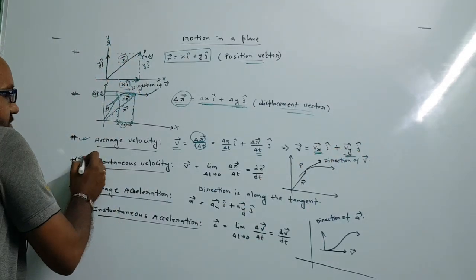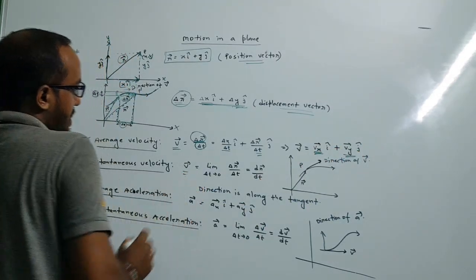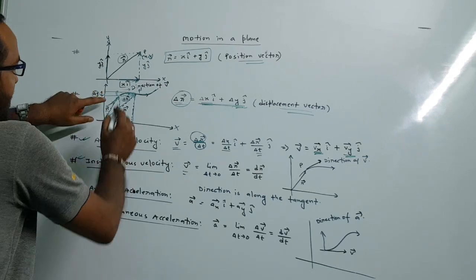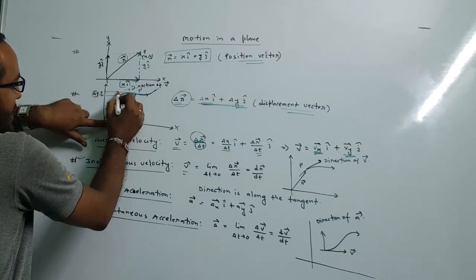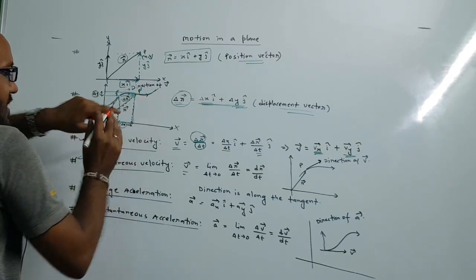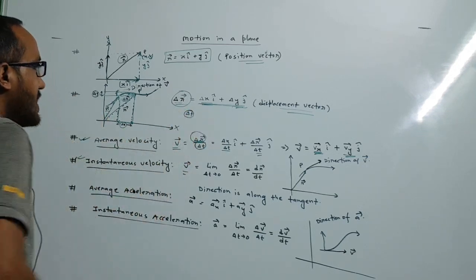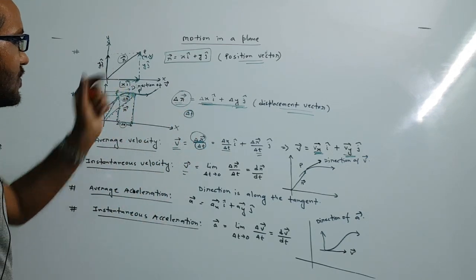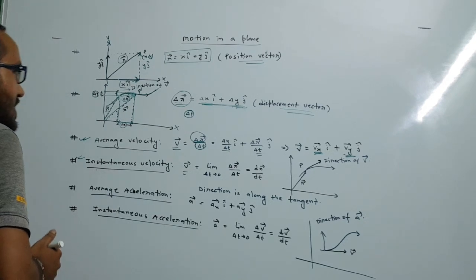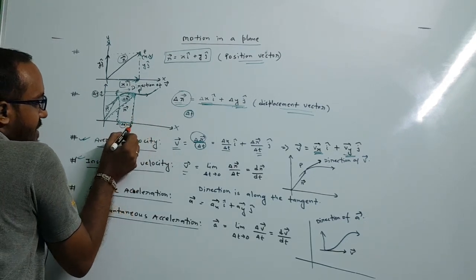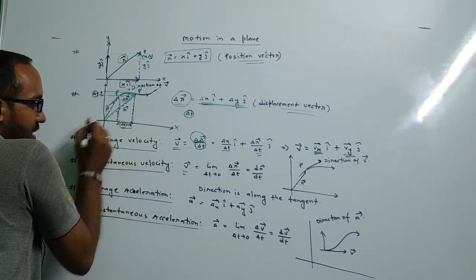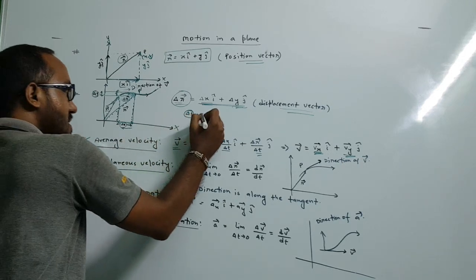Now instantaneous velocity. See, the particle moves from p to p prime in a delta t time. If we decrease the time, that means the time is very small.